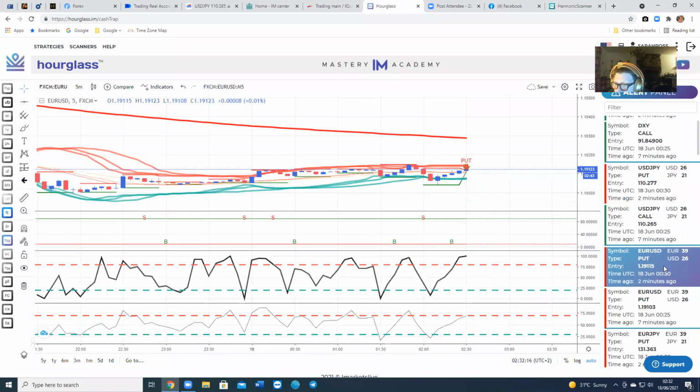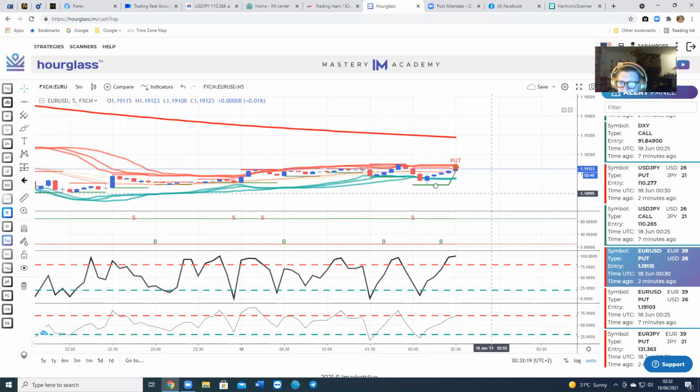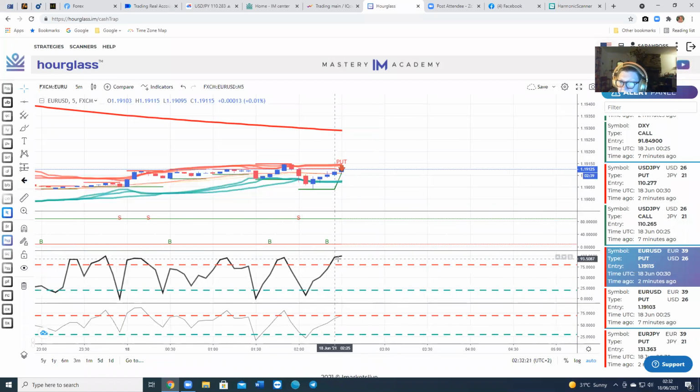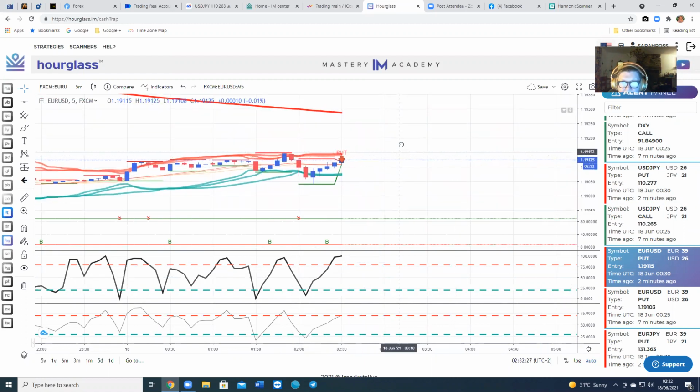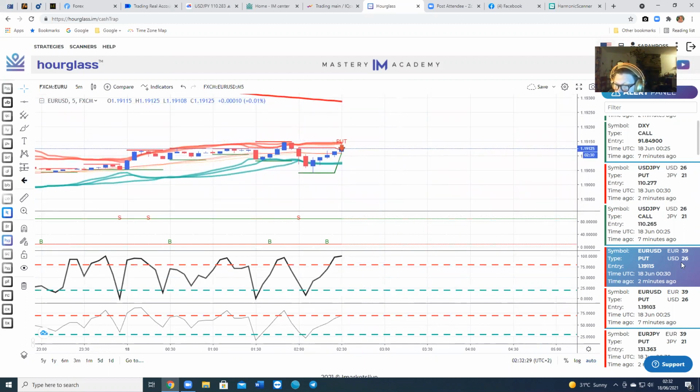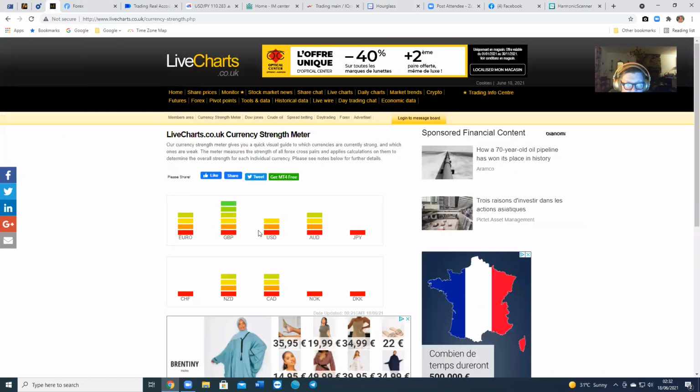A put, 39 to 26. A put on the Euro USD, heavily overbought. Got the 200 moving average in our favor. It's a little bit stronger than the US dollar, but not a great deal. Euro to USD.